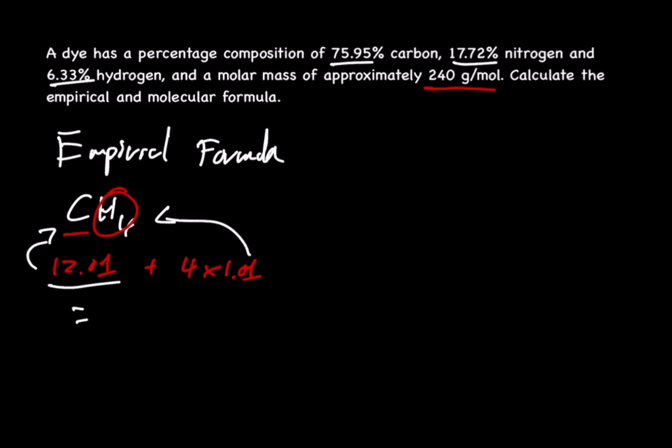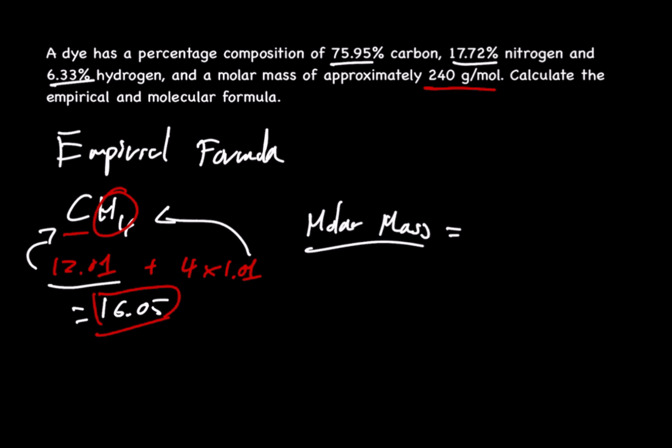up, you get 16.05. Then in the question they'll give you a molar mass, let's say in this example it's 48.3. All you do is take this given molar mass and divide it by what you found.